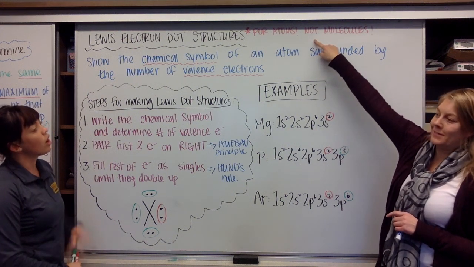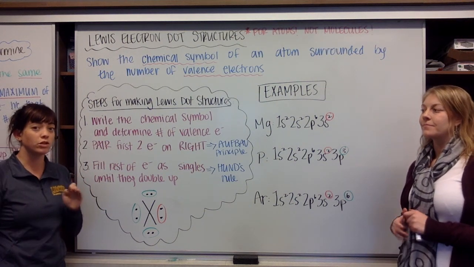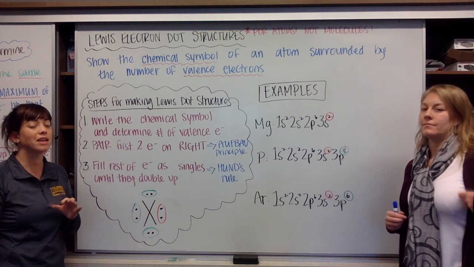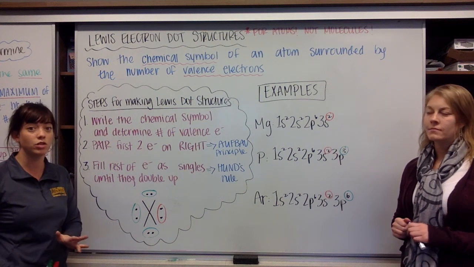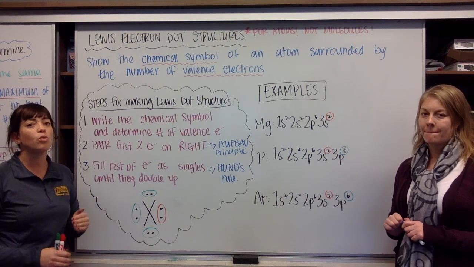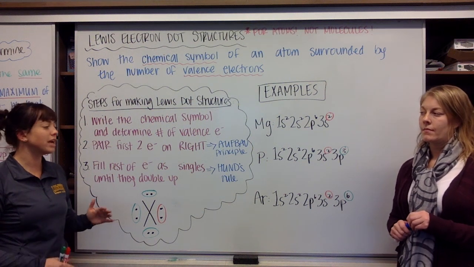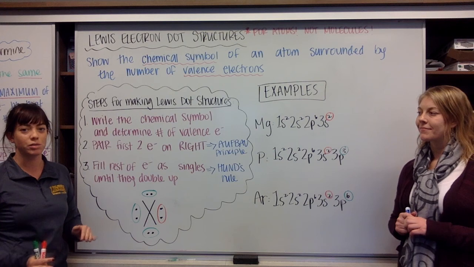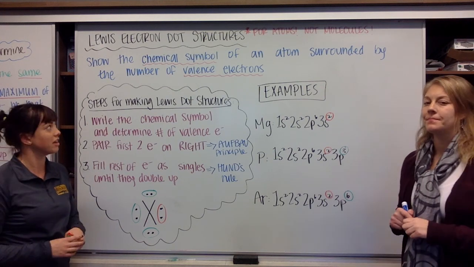So really important, I know that some of you learned how to make Lewis dot structures in middle school, and you learned how to make them for molecules and for the bonding, which we are going to be getting to, I promise. But right now, we are just drawing them for atoms, which means we care about where the dots go and when, and I know that we are very strict about it, but we have a good reason, and we will tell you about it in a second.